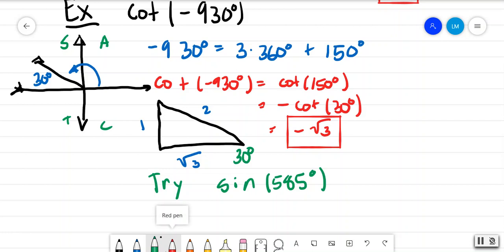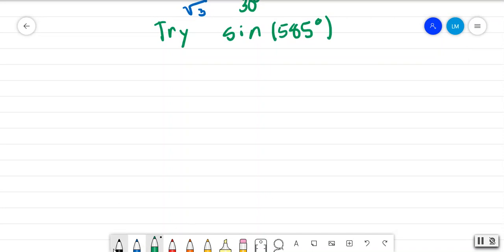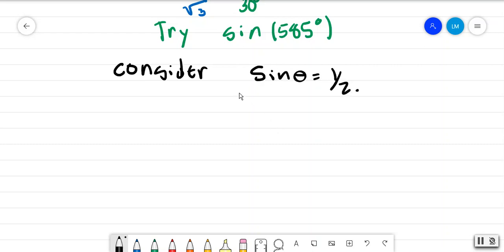Now, let's say that we want to work in reverse. Let's go ahead and consider the following expression. Sine theta equals 1/2.